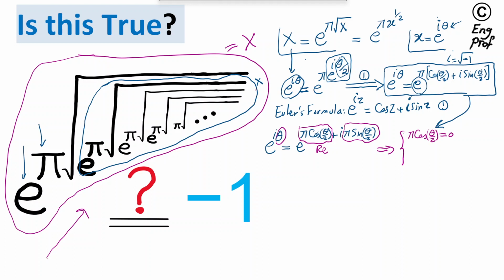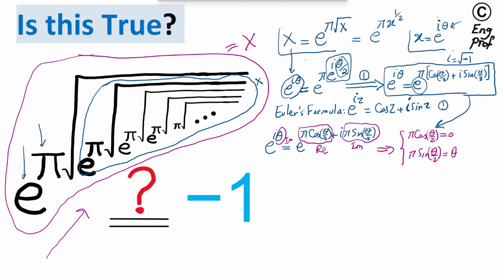And the imaginary part of the right-hand side should match the imaginary part of the left-hand side. So we are saying pi sine theta over 2, which is the imaginary part of the right-hand side, is equal to theta.